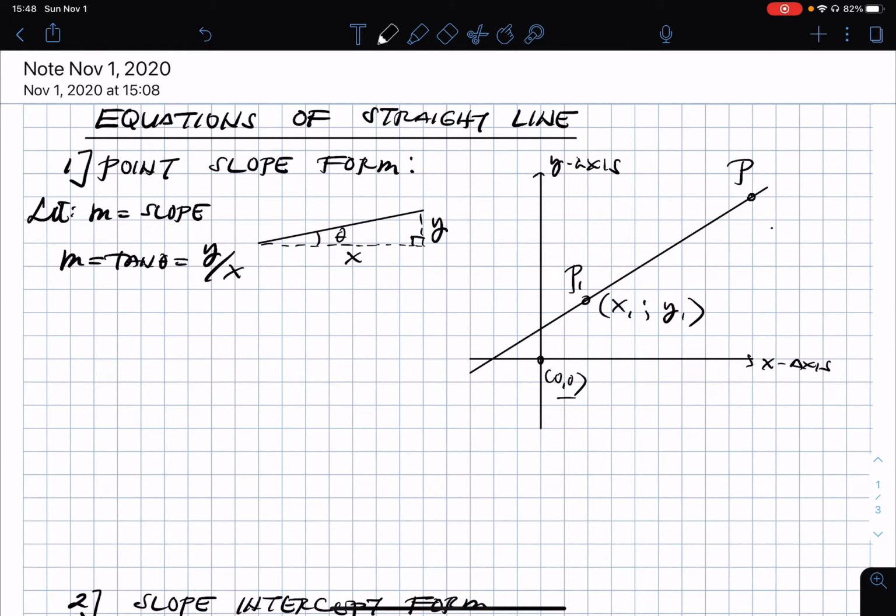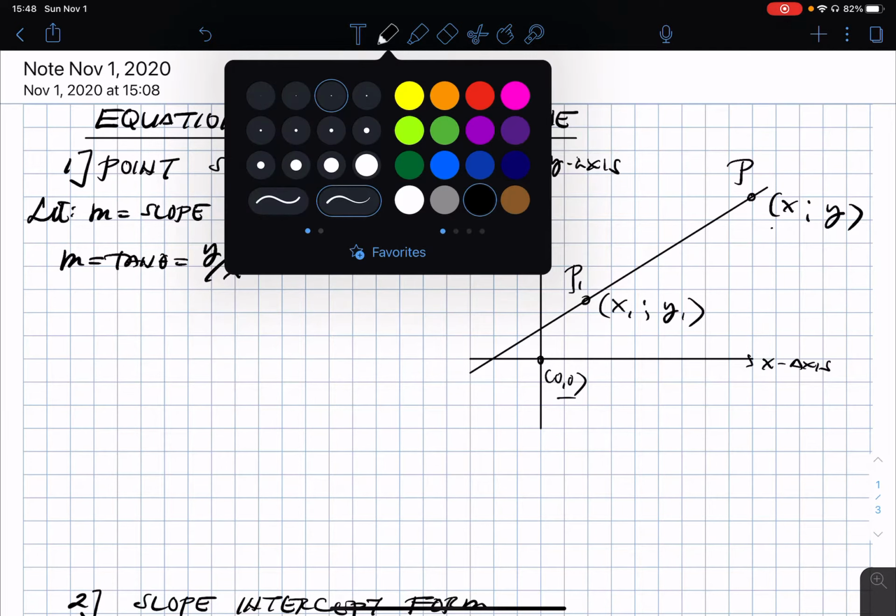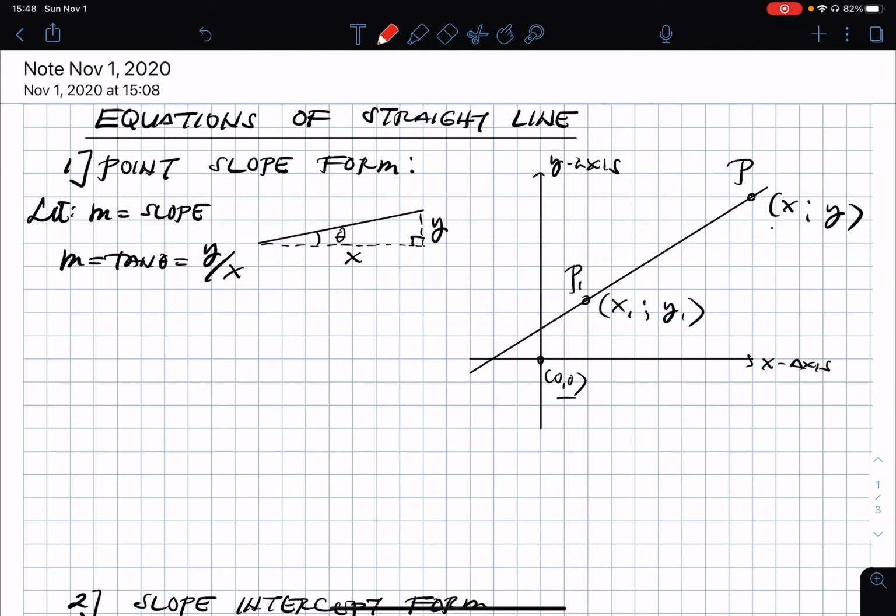Say this is point P, so this will be x and y. Drawing our imaginary triangle, the vertical height will be y minus y1, and the horizontal distance is x minus x1.